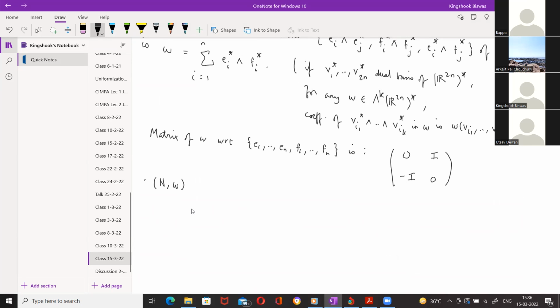N, omega is a symplectic manifold if T_pN, omega_p is symplectic for all p in N, and d omega is 0.